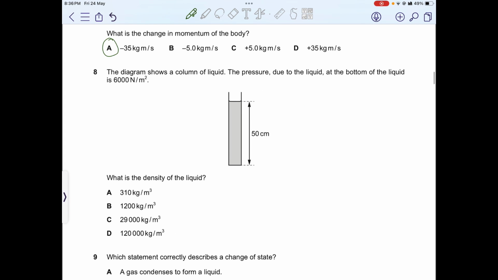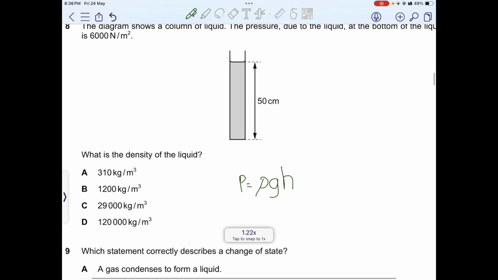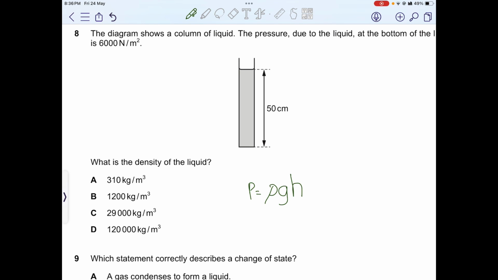The diagram shows a column of a liquid. The pressure at the bottom is 6,000 newtons. Pressure in a liquid is equal to rho, which is density, into g and into h, where g is the gravitational field strength and h is the height. We know the pressure is 6,000 divided by, we don't know the density, which is not defined, but we can put the g value in the division.